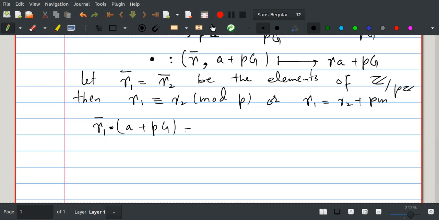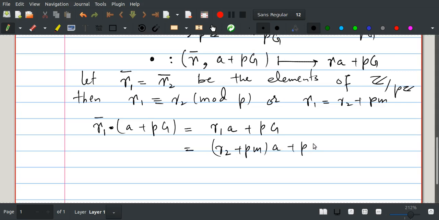By definition of the multiplication, this is the same as R1A plus PG, but R1 is the same as R2 plus PM, times A plus PG.